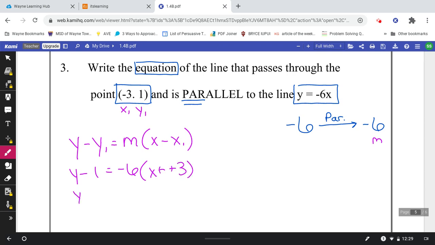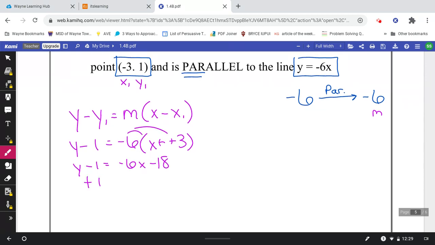Double negative, distribute, add 1, and there's our final answer.